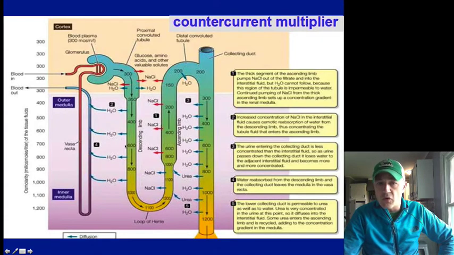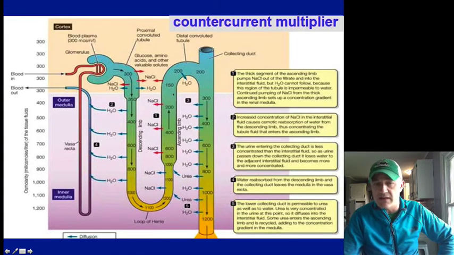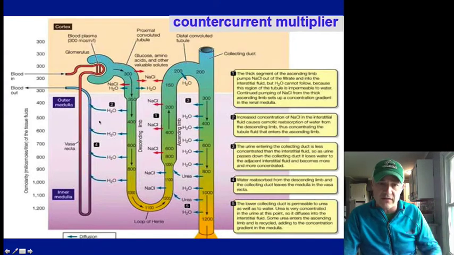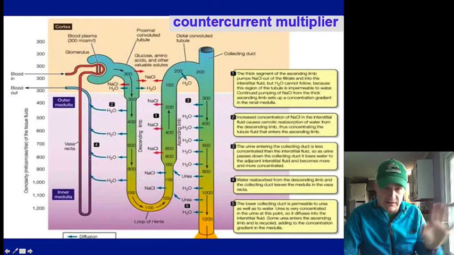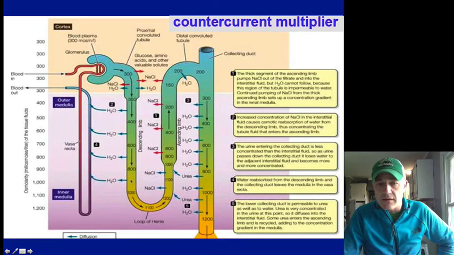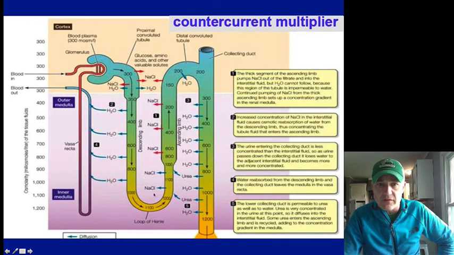So we continue to pull water out all the way down this descending limb. We get to the bottom, then the permeability changes. We pump the salt back out to maintain that gradient. We'll get into what the Vasa recta is doing to pick up the water and salt in a second here. But the main thing is, this ascending limb maintains the gradient and sets up this countercurrent mechanism for the water to be pulled out all the way down.